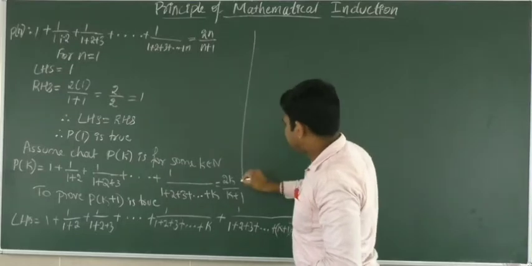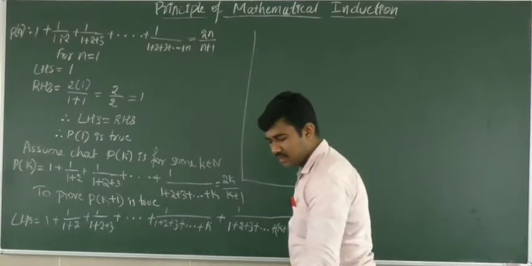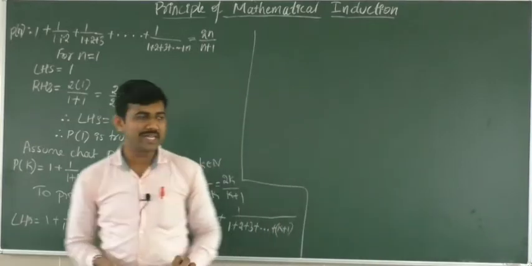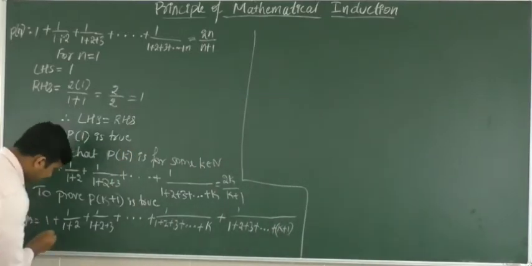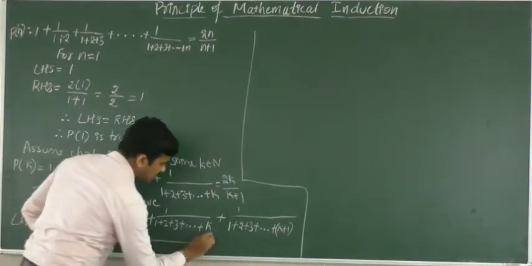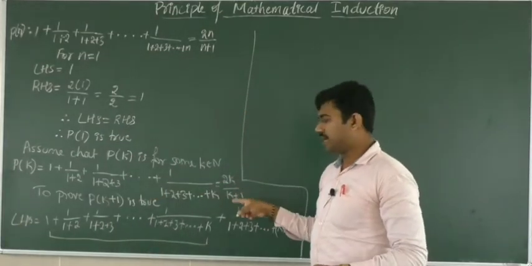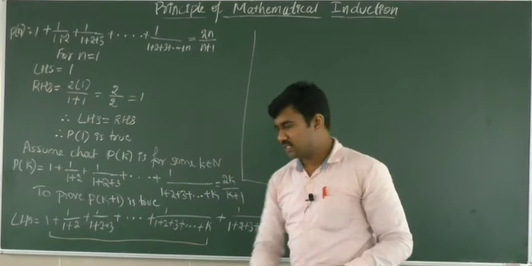Now see, we write the left hand side of P of k plus 1. You can observe that the value of the first k terms, which we already assumed, is equal to 2k divided by k plus 1. Just replace it.